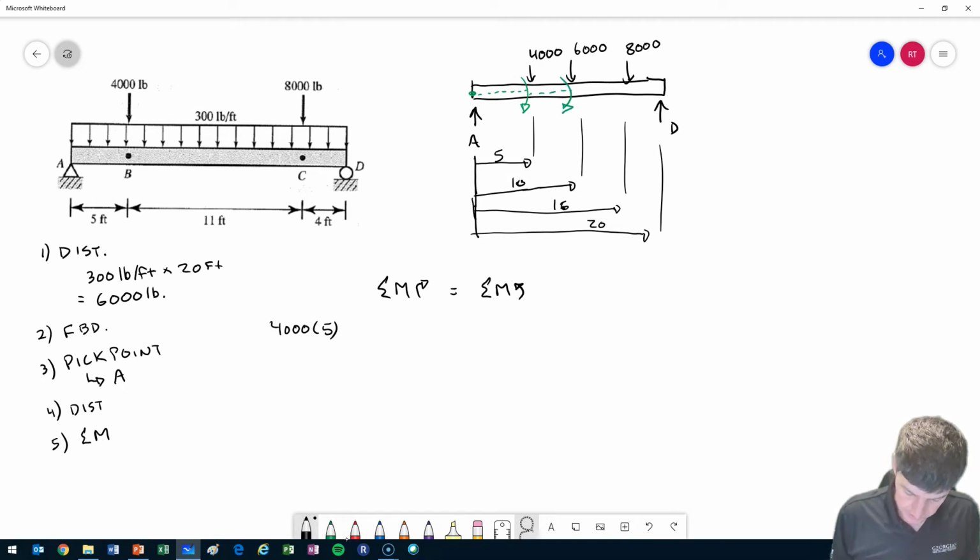I have plus 6,000 at 10 feet. Okay, that's going to keep trying to turn clockwise. So plus 8,000 at 16 is going to be equal to D at a distance of 20.